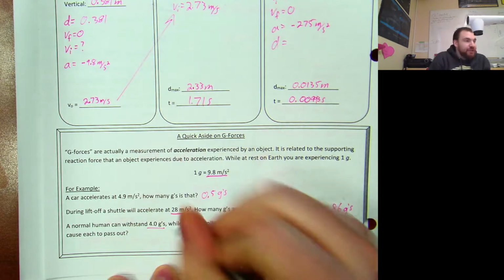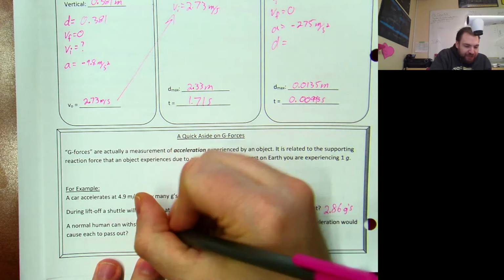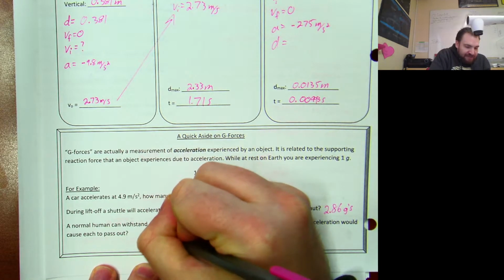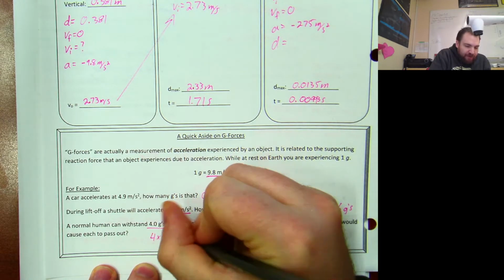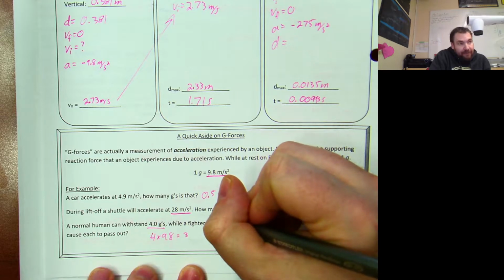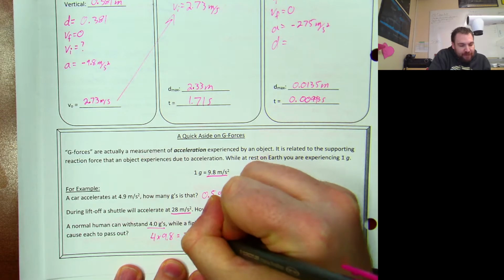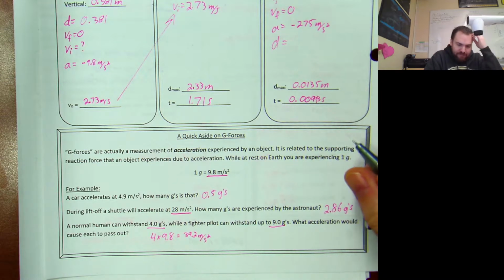What kind of acceleration would cause you to pass out? No, it says 4 Gs. We're assuming you're all normal people. What acceleration? 39.2. So you take your 4 Gs times 9.8 meters per second squared. Sorry, how many? 39.2 meters per second squared.